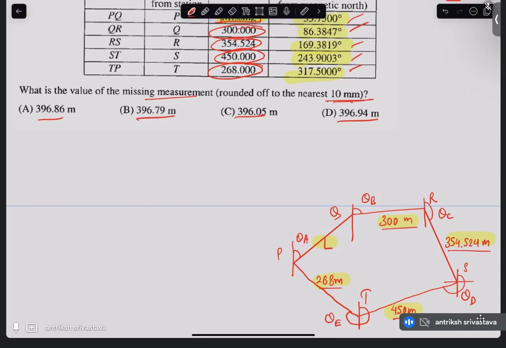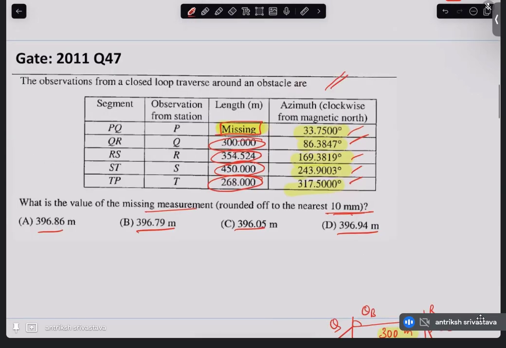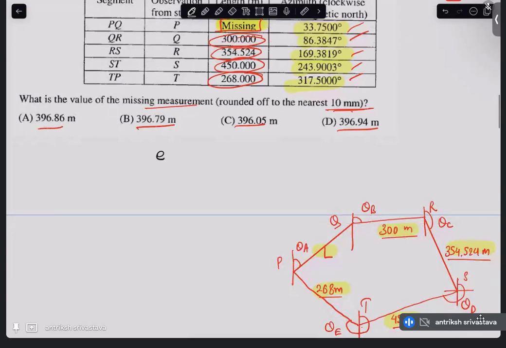What concept are we going to use? Since we are not given the error, neither the horizontal error, nor the total error, nor the vertical error, we are going to say error is 0. What does that mean? That means that the summation of the horizontal components and the summation of the vertical components of these lengths is going to be 0.